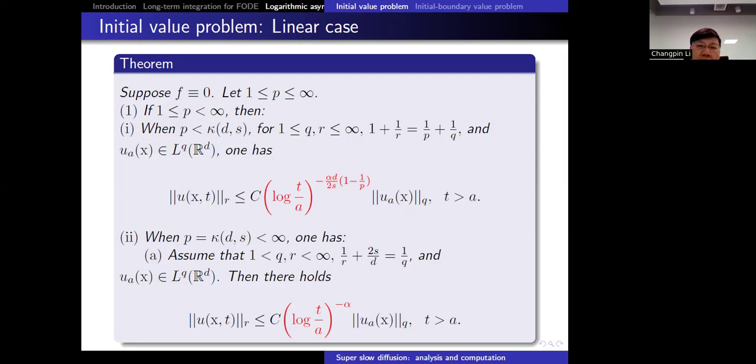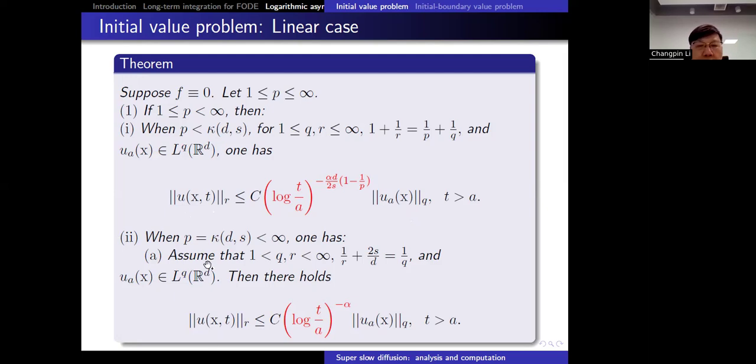From this estimation, we can see that its solution has a logarithmic asymptotics. This is the power, and this is a logarithmic function.